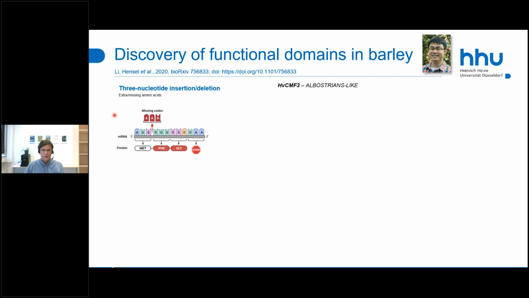Again, in collaboration with the group of Niels Stein and Ming-Ju Lee, we studied the homologous gene of albostrians, which is the CMF3 gene or albostrians-like gene.